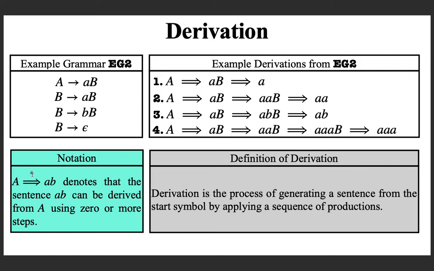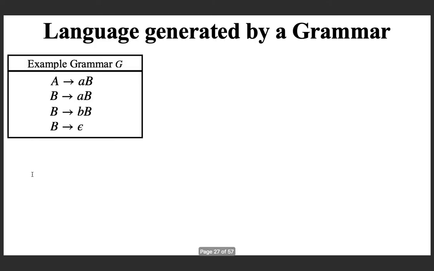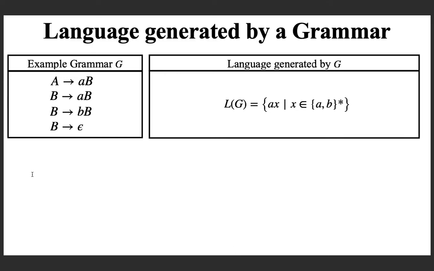Now we have got enough materials for deriving or defining the language generated by a grammar. Look at the same example. In the previous lecture we saw that the language represented is this.